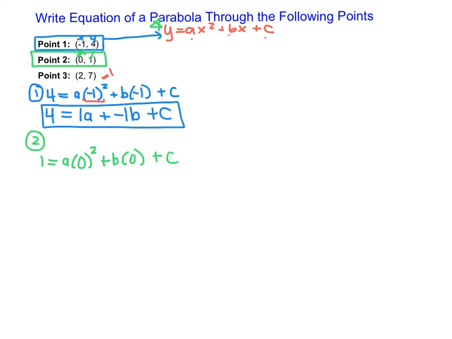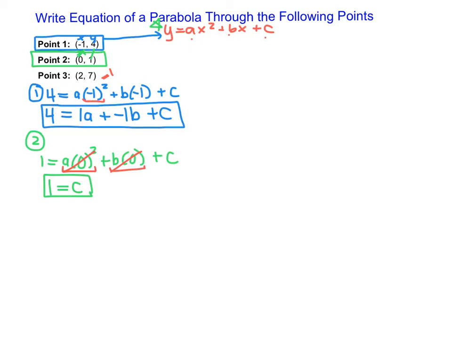Now if I simplify this a little bit, I know that 0 squared is 0 and anything times 0 is 0. So I know that this term cancels out. And b times 0 also cancels out. So what I find here in this example is that 1 is equal to c. And that's my second equation. That's what that second point tells me.